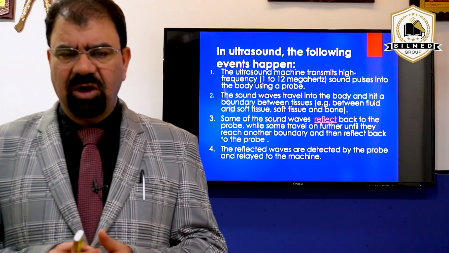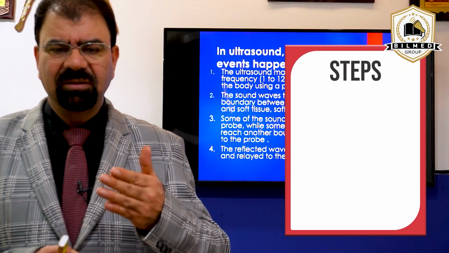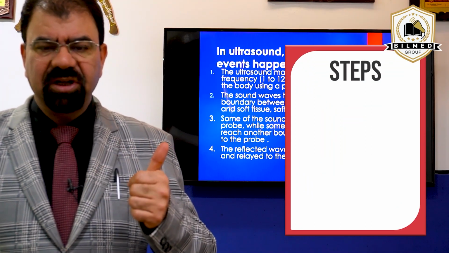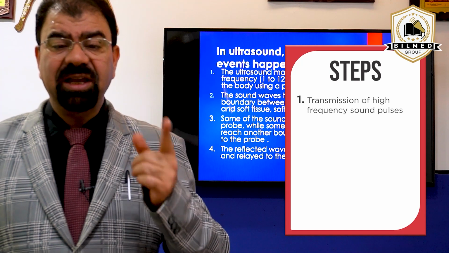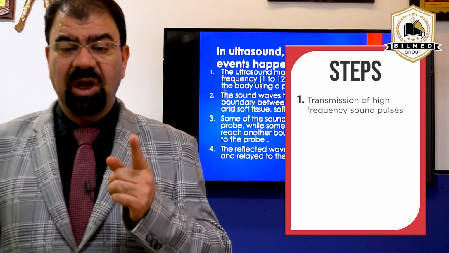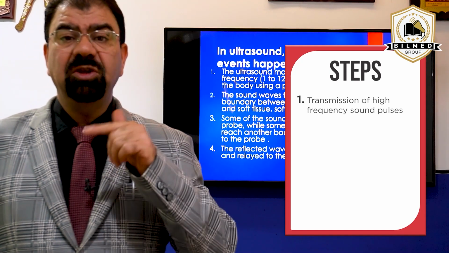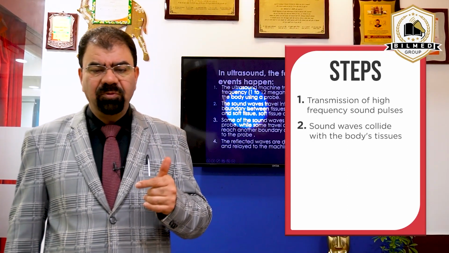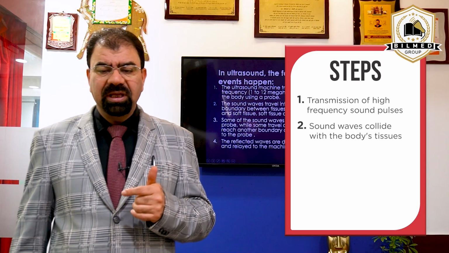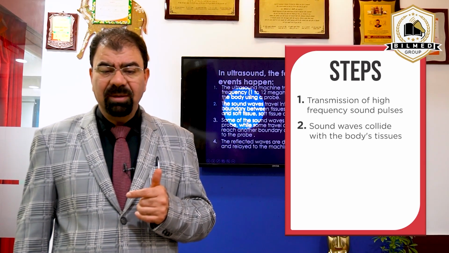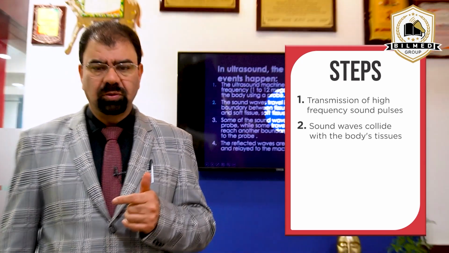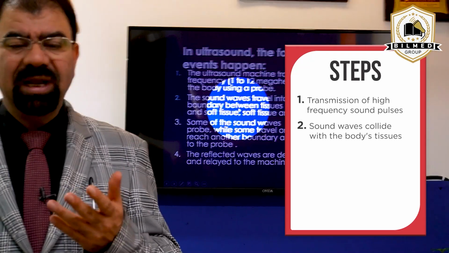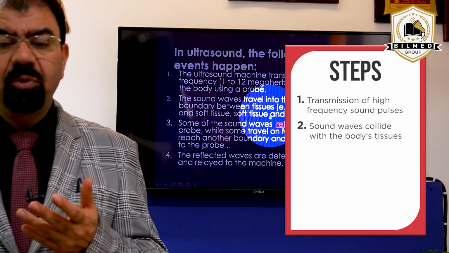Now in ultrasound, what is happening? First, the ultrasound machine transmits high frequency sound pulses into the body using the probe. Second, the sound waves travel into the body and hit a boundary between tissues, for example between a fluid and a soft tissue and bones.